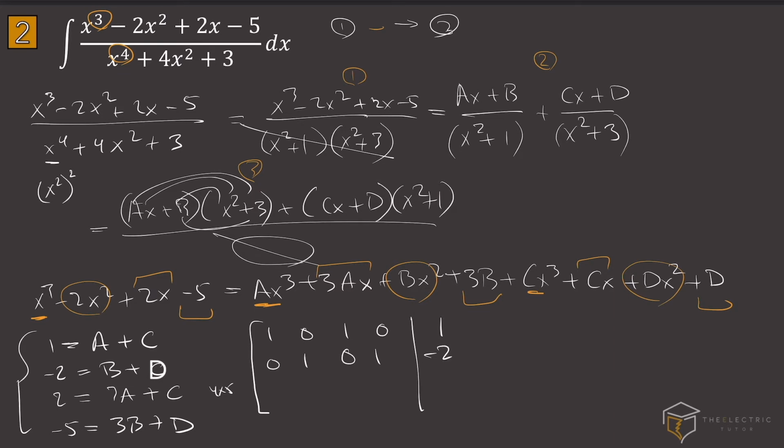For the third equation, I have 3 A's, 0 B's, 1 C, no D, equals 2. And finally, I have 0 A's, 3 B's, 0 C's, 1 D, equaling minus 5. And I close the bracket, and that is my 4 by 5 matrix.